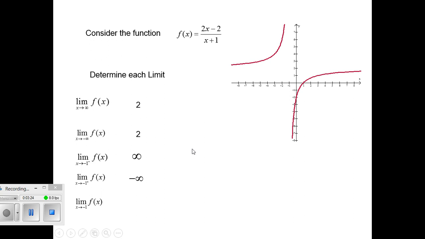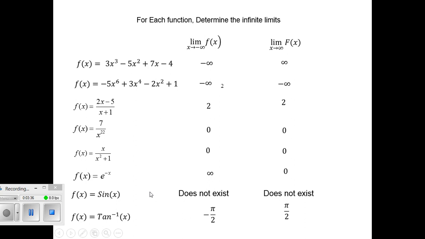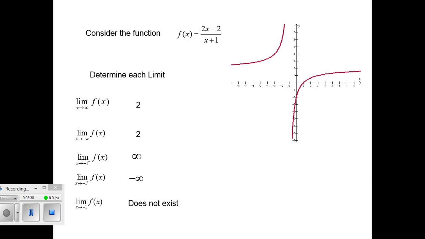What is the limit as x approaches -1? Well, the left and the right side are moving in different directions. They are not in agreement. The limit as x approaches -1 does not exist. Again, because the right-hand limit is negative infinity and the left-hand limit is infinity, the limit approaching that value itself does not exist.